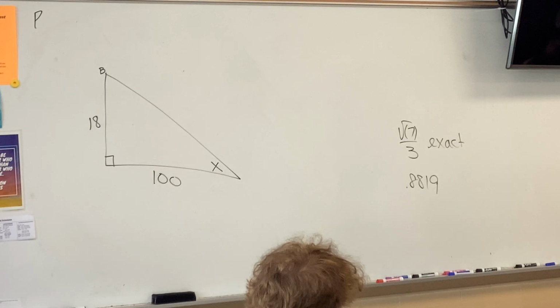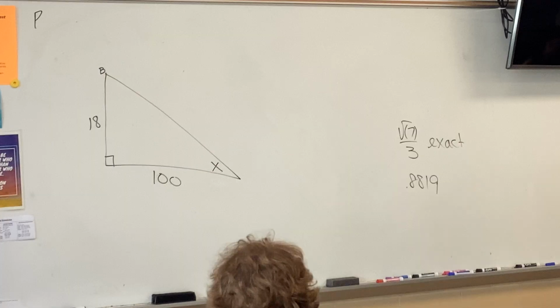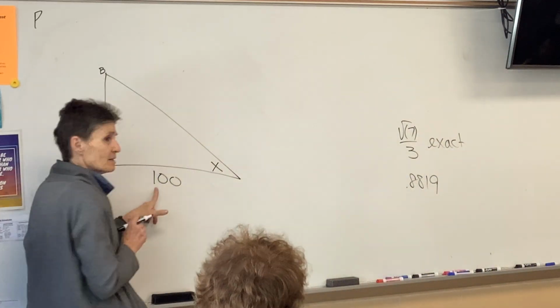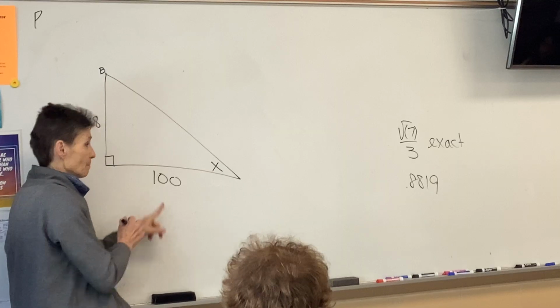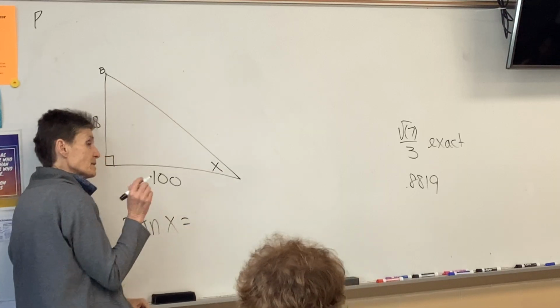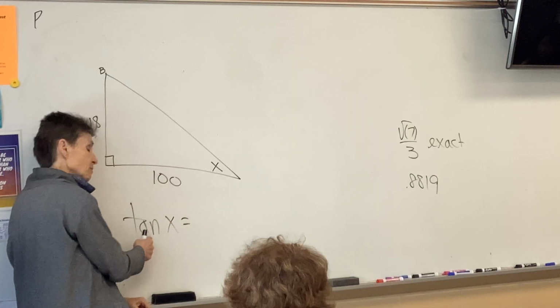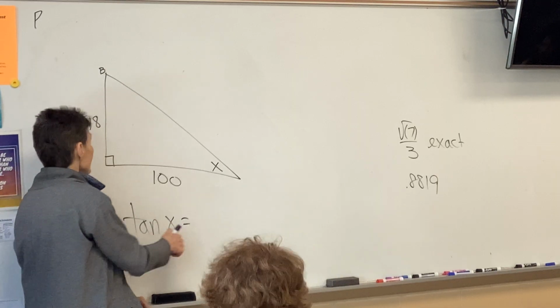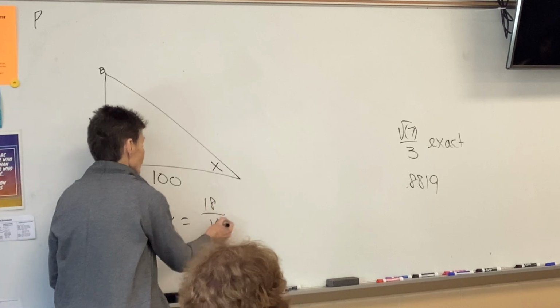Probably not. So I'm not using cosine. I'm using tangent because this is opposite and this is adjacent. So tan x, always put the angle with the tangent or the sine or cosine. So tan x equals opposite over adjacent.